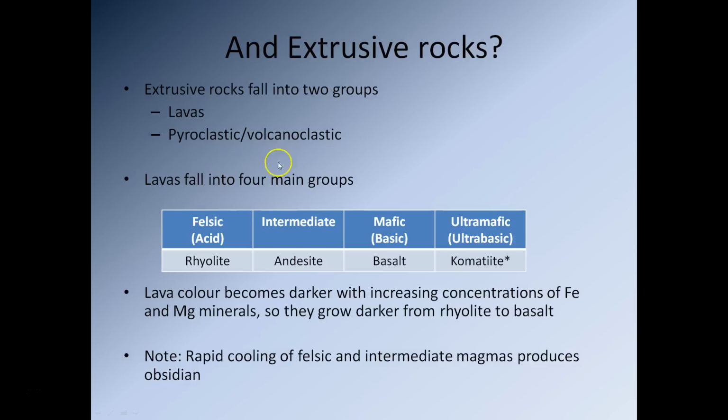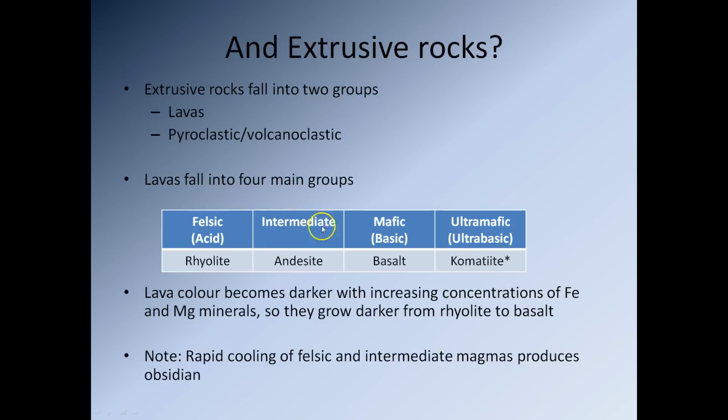Now, the other kind of extrusive igneous rock you can get are the pyroclastic or the volcanoclastic igneous rocks. Now, these are formed during the explosive portion of an eruption. The likelihood of an eruption being explosive is directly related to the amount of volatile gases, and especially water, dissolved in the magma.